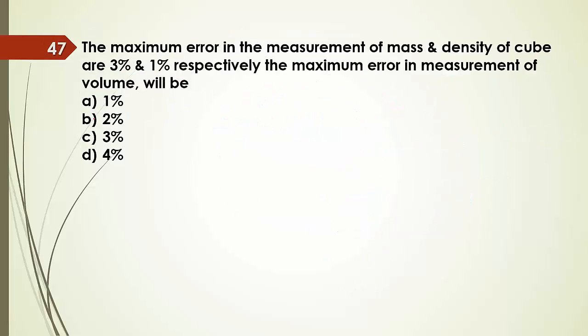47th question. The maximum error in the measurement of mass and density of a cube are 3% and 1% respectively. Here mass and density errors are given. The maximum error in the measurement of volume will be? We have to find error in the measurement of volume. Percentage error in mass, delta m over m into 100, is already given as 3%.